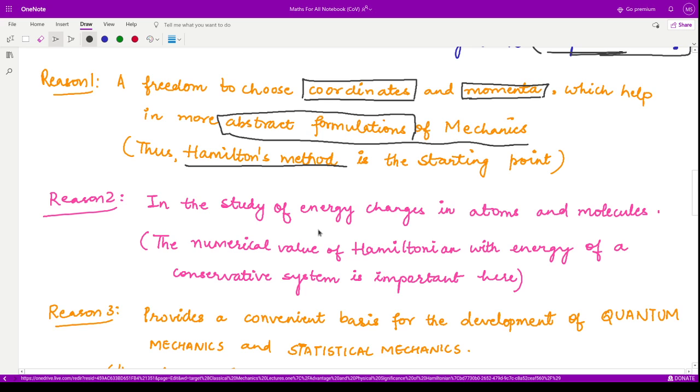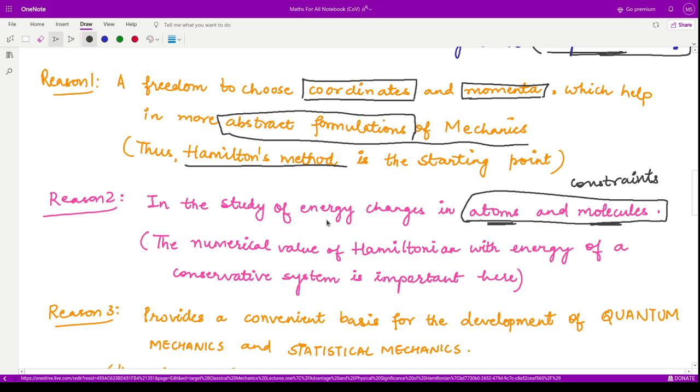The next reason is that in the study of energy changes in atoms and molecules, the forces cannot be directly calculated. Moreover, the forces of constraint become meaningless when we talk about such small atoms and molecules.